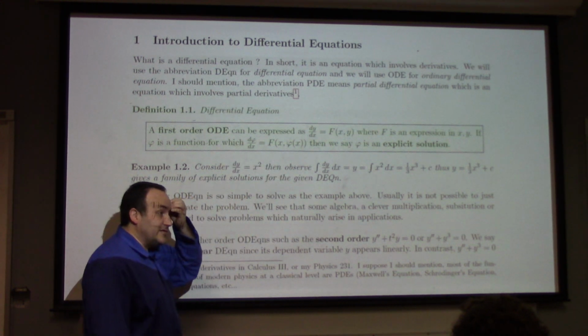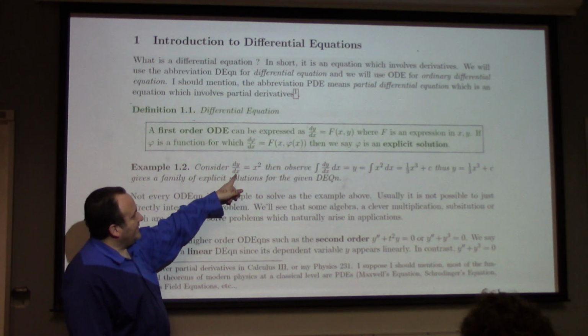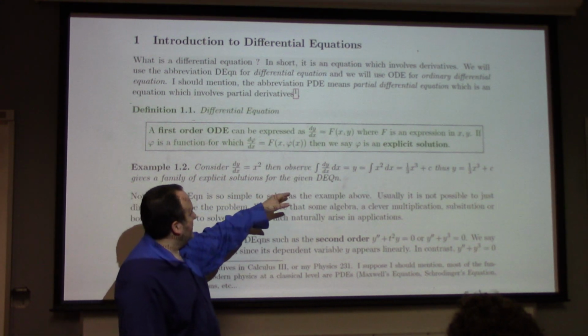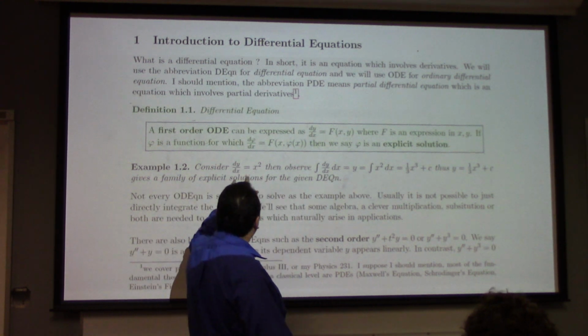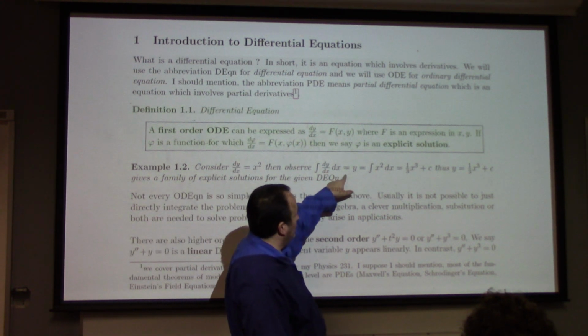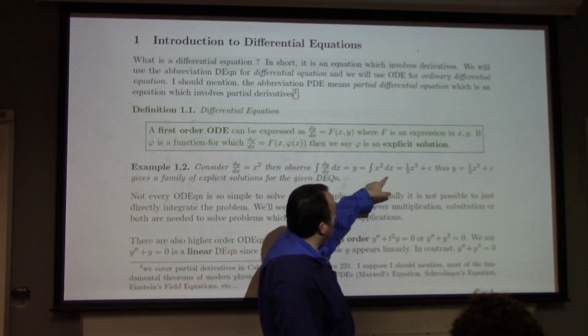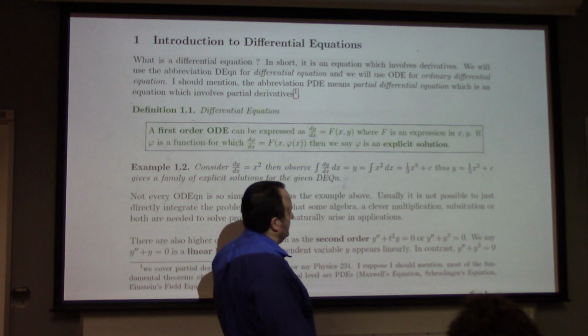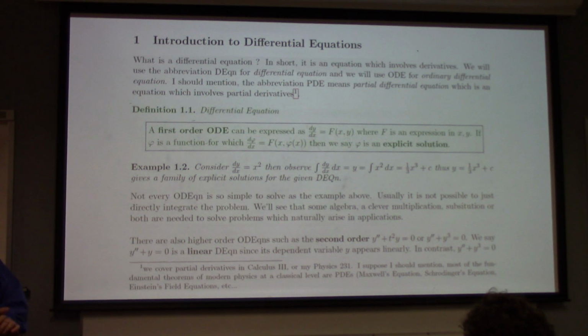For example, if you have dy/dx equals x squared, you could integrate both sides, and then you get y equals 1/3 x cubed plus a constant. So we just solved that differential equation by direct integration.